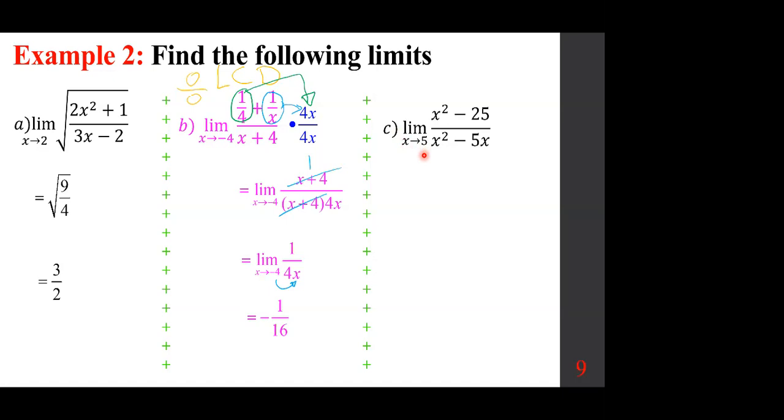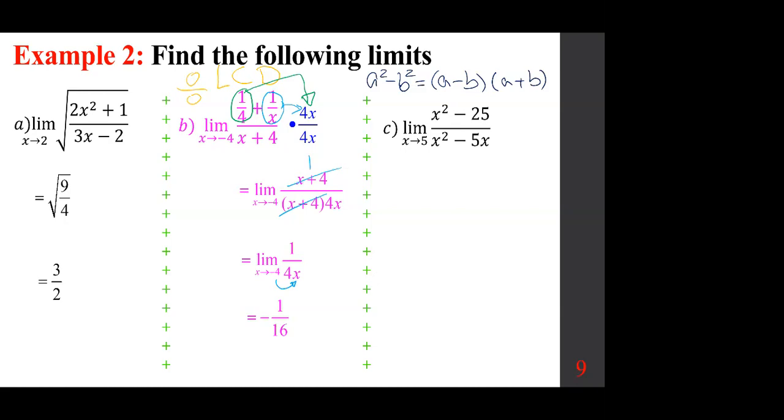So you are going to factor the numerator, which is in the form of a squared minus b squared. Okay, everybody? Difference of squares, and that becomes x minus 5, x plus 5, in any order.